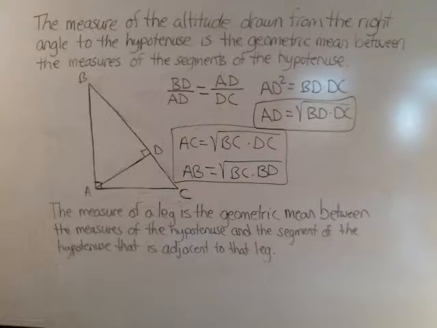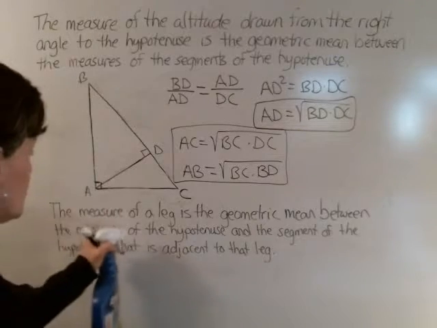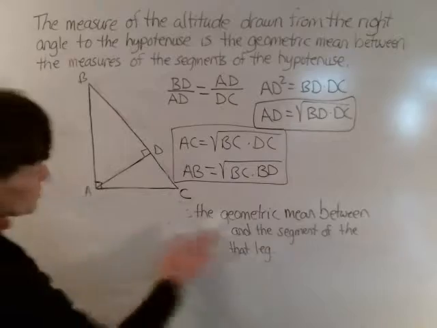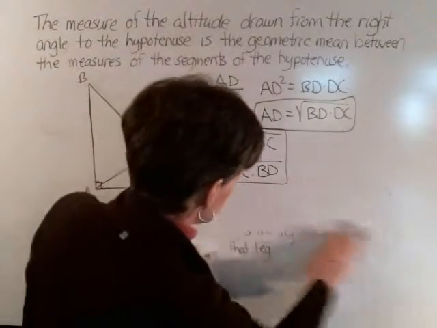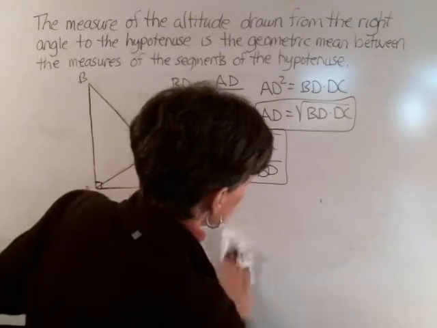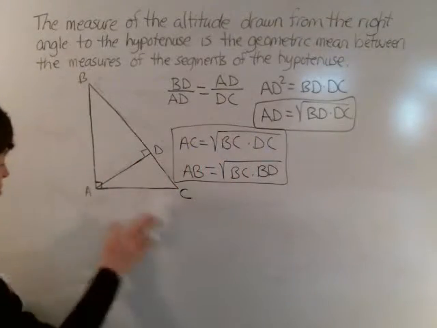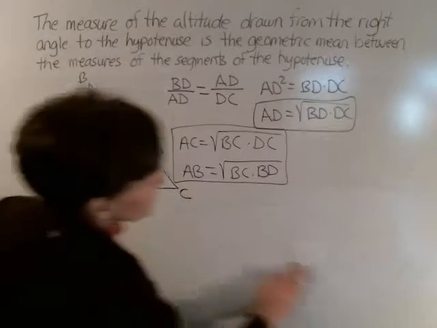All right, so let's just create some room here and put some labels on this triangle so that we can work some problems that illustrate these two theorems. Now when you're working with geometric mean, of course you've got that square root in the equation, so very often you are having to simplify square roots.